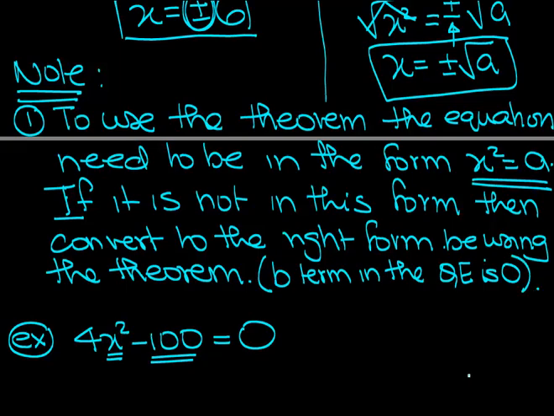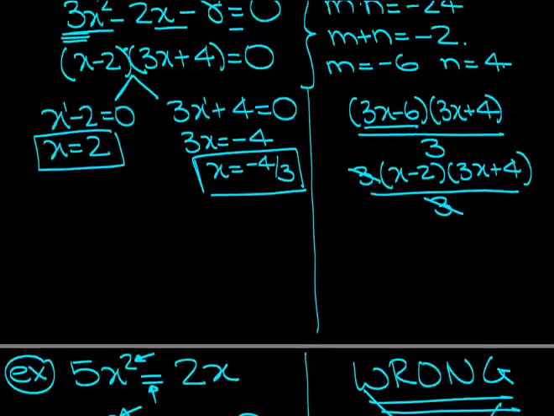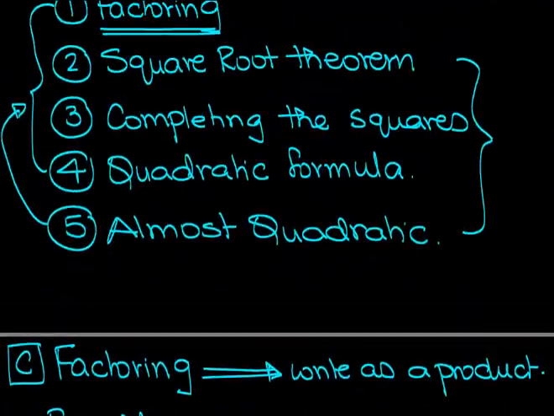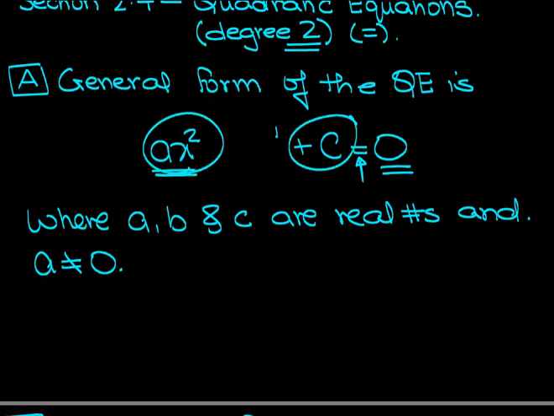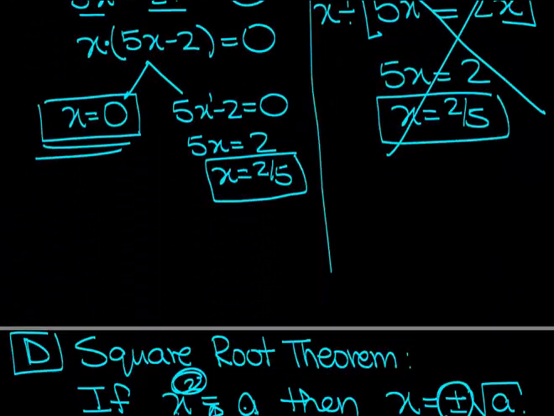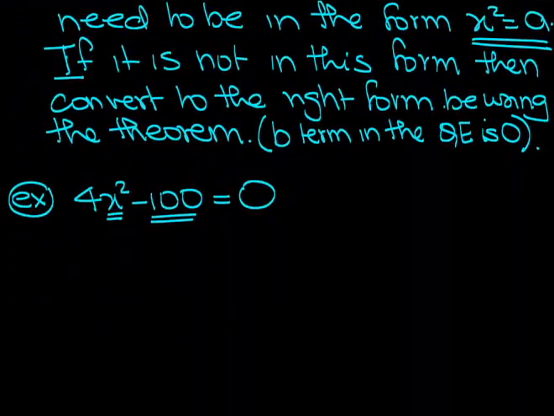That's when we use this method, because normally a quadratic equation has three terms, right? ax squared plus bx plus c. So if this term is not present, then we can use the square root theorem, because now I just have a square and a number. So you use the square root theorem whenever the middle term is not present, which in this case it isn't.